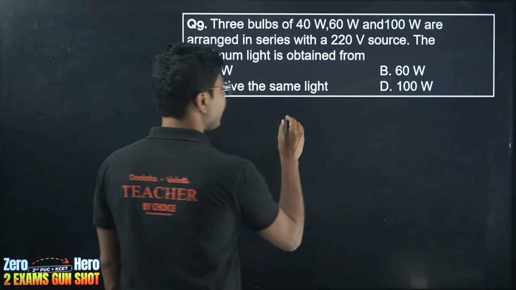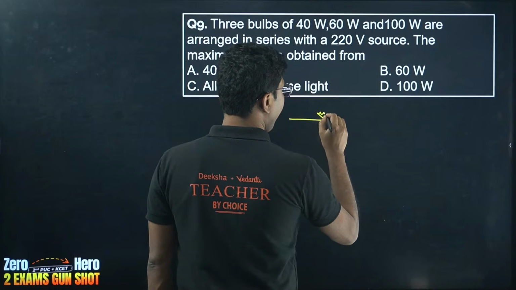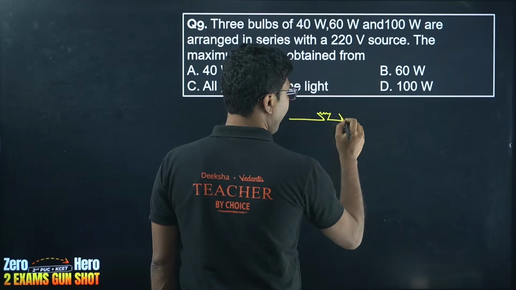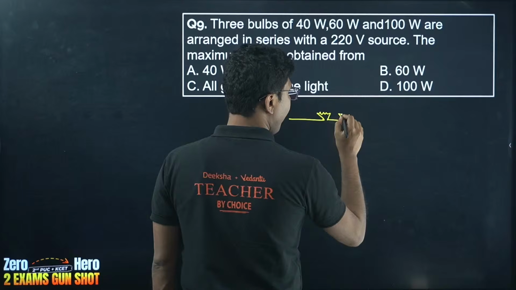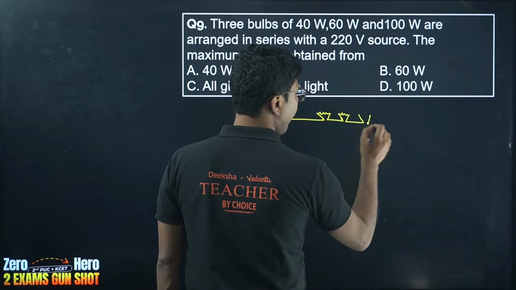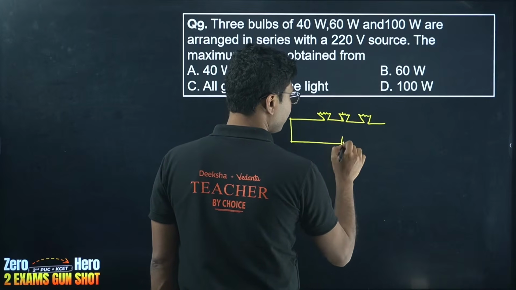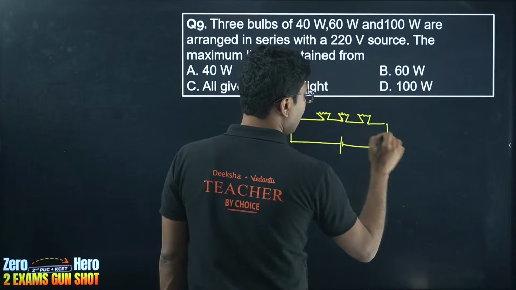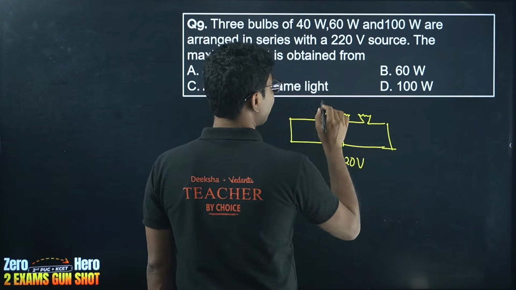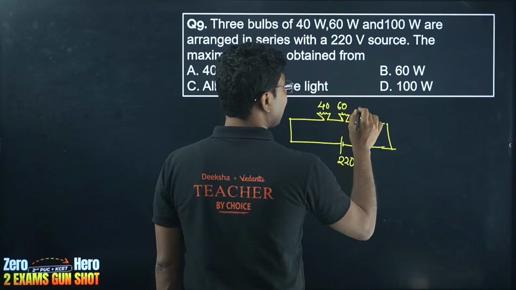So basically the question is, here we have three bulbs and they are connected in series with a 220 volt source. One is 40, another one is 60 and another one is 100.